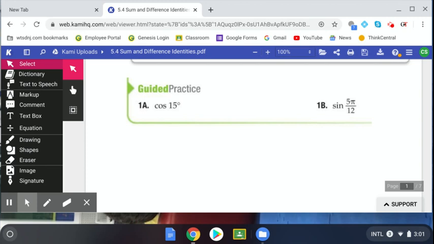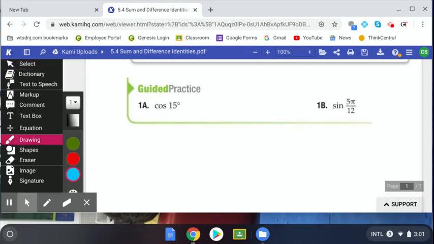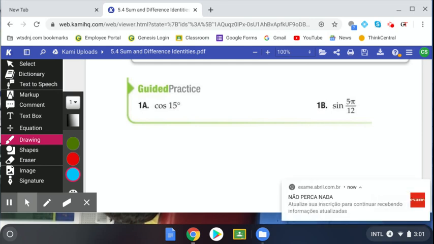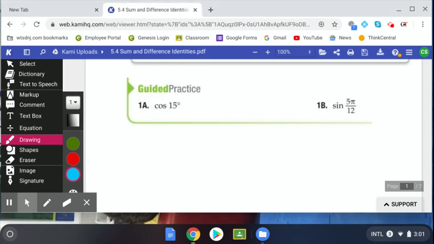You should use the special angles 0, 30, 45, 60, 90. So what you need to do first is rewrite cosine 15 degrees as either a sum or a difference of two of our special angles.